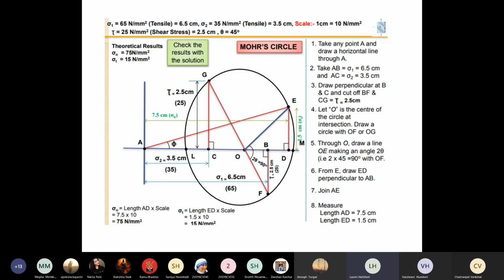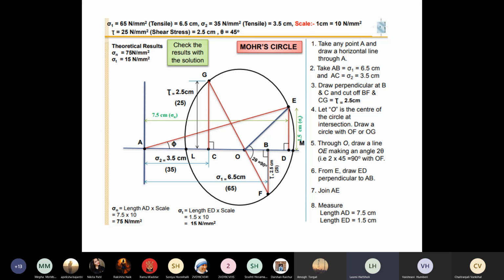So what is the coordinate for the F point? Sigma x comma q, right? If you remember, the coordinate of F is sigma x comma q. So sigma x, in the sense, it should start from A to B. That is why it is given as A to B sigma x. So it is taken as 6.5 centimeter. How is it 6.5? Anybody?